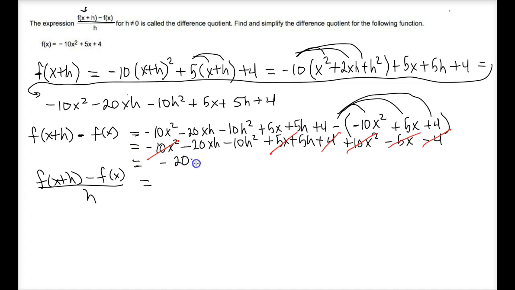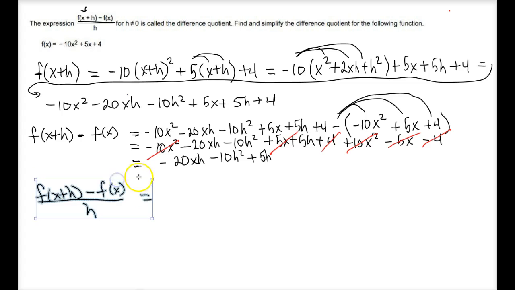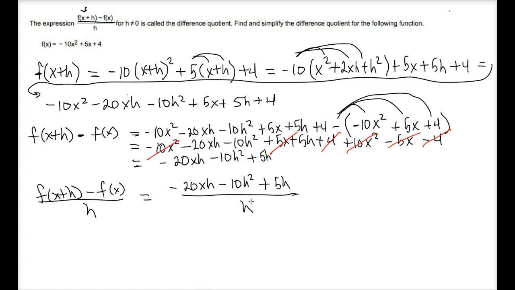This ends up being negative 20xh minus 10h squared plus 5h. And let me see if I can move all this down. All right, so now we have negative 20xh minus 10h squared plus 5h, all that divided by h.